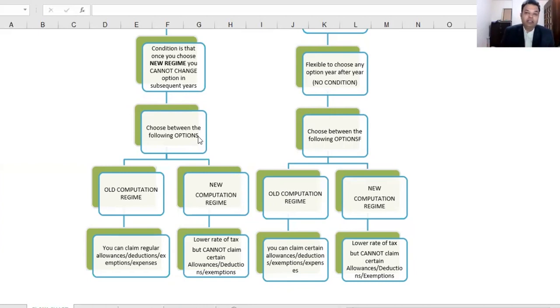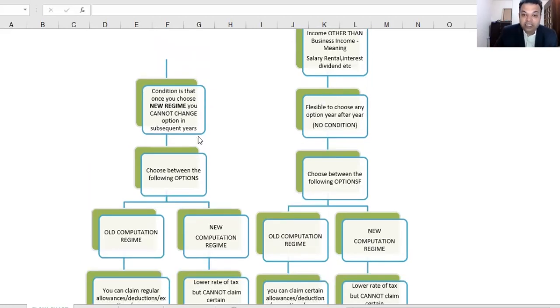I think the government has put a restriction considering that there may be certain tax advantages for business people. So to conclude, if you're having business income, in that case, you can choose the new tax regime, but in the next year you cannot change. Also, there is an exception that if you cease to have business income, then you can fall back on the old option, which is implied.